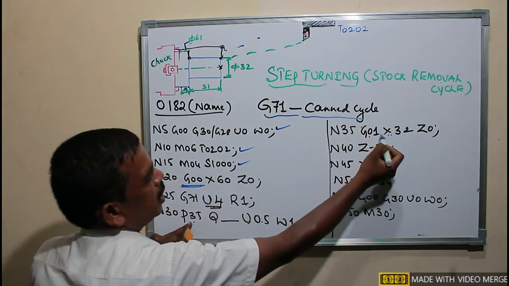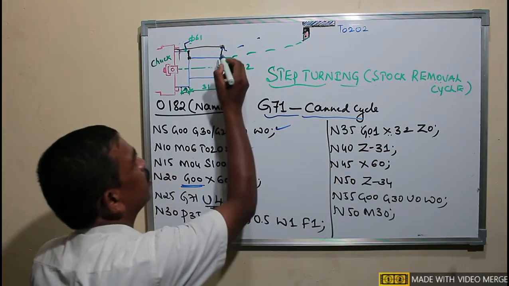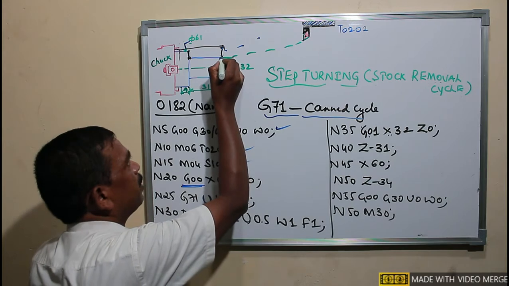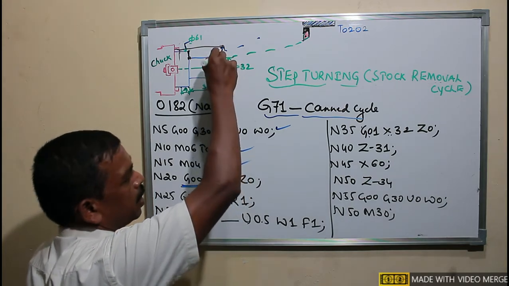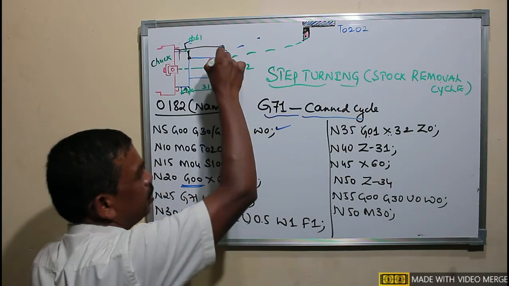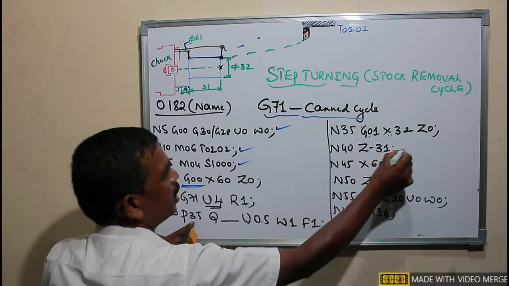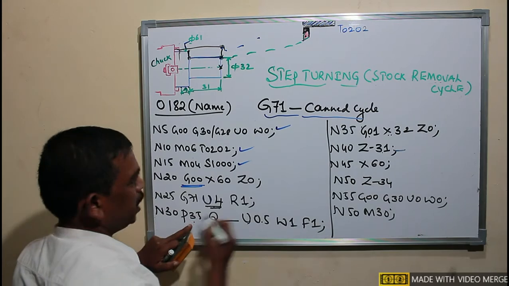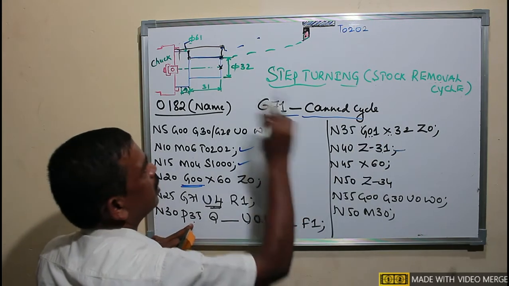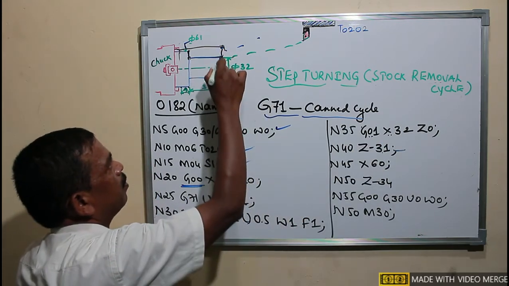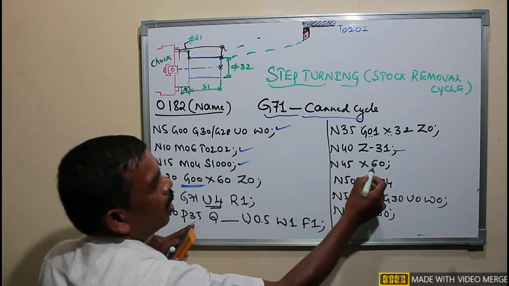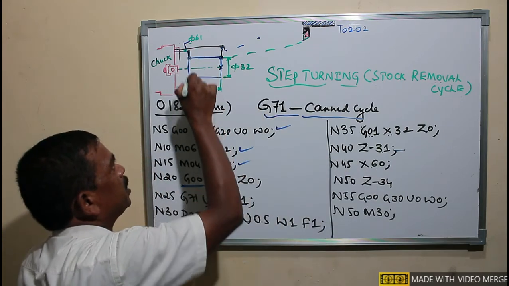G01, X32, Z0, and the tool will move from here to here, that is Z minus 31. P is the contour starting point, that means the final shape of the workpiece, and this is the diameter of the workpiece.